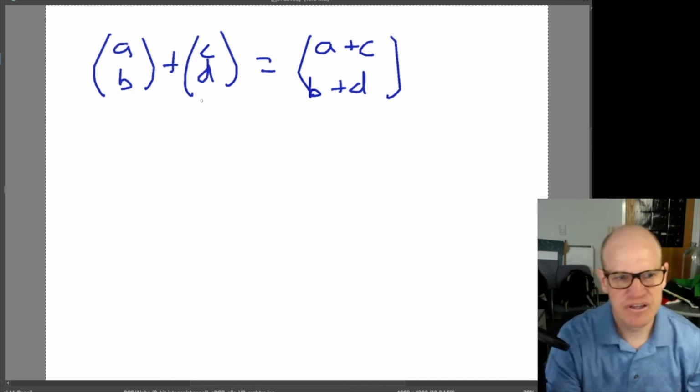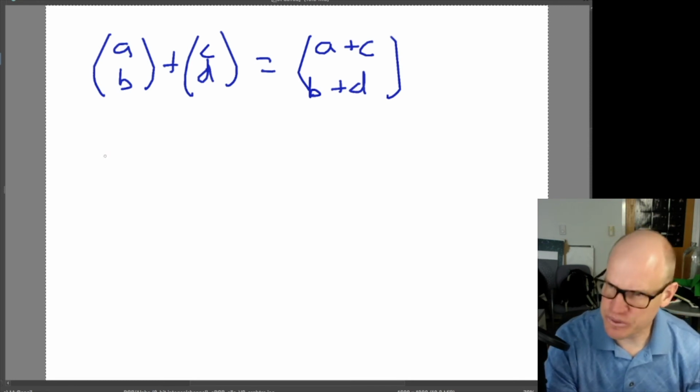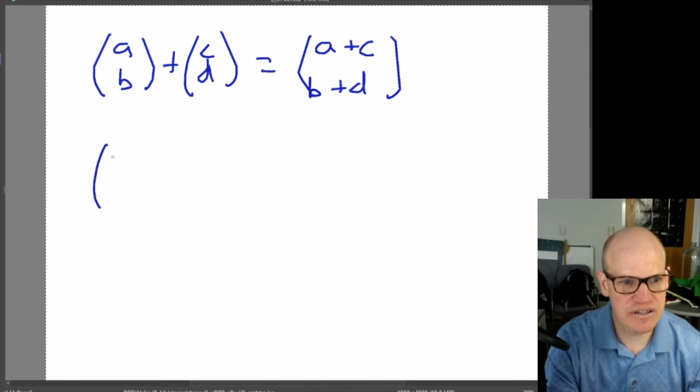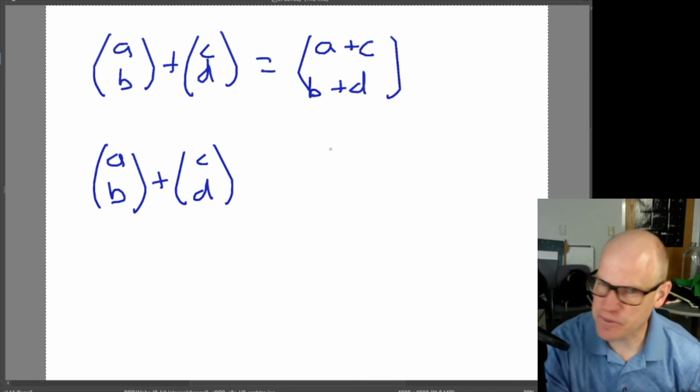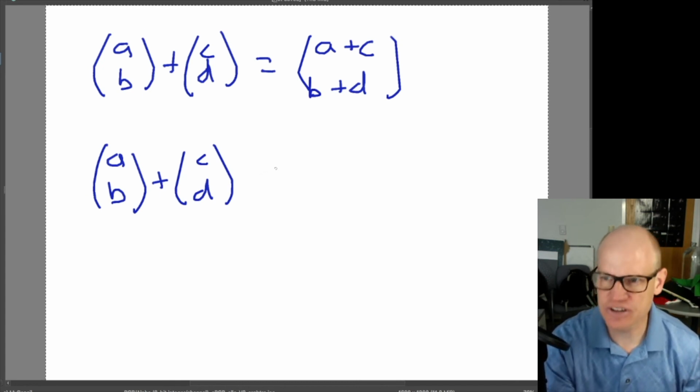And I'm going to convince you, hopefully, that I can have a different kind of addition that also satisfies the same properties. It's also associative, it's also commutative.